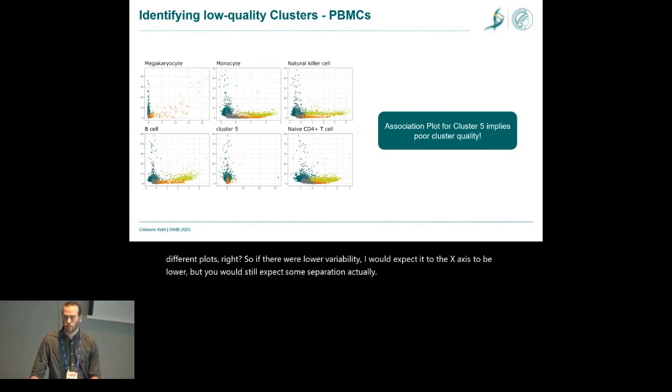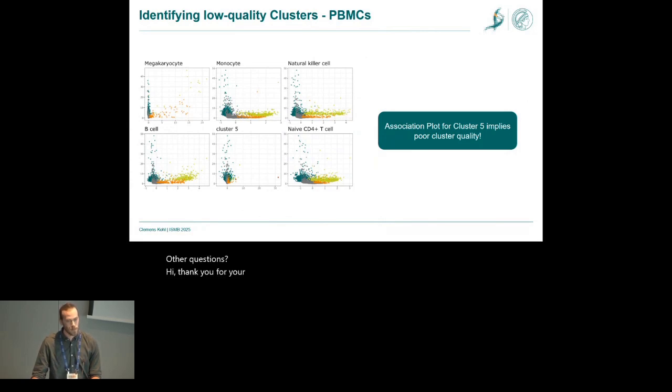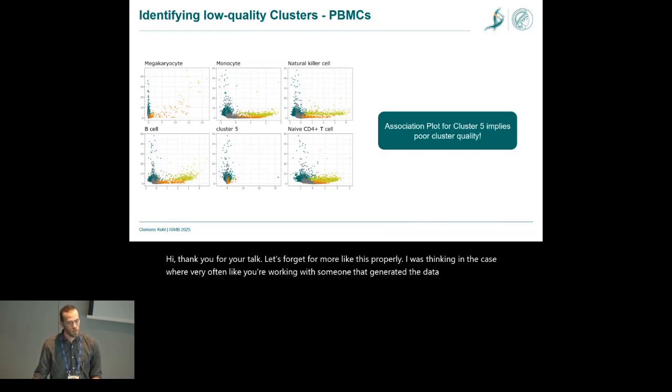Other questions? Hi, thank you for your talk. Let's see if I can formulate this properly. I was thinking of the case where you're working with someone that generated the data and they're expecting a specific cell type or whatever.